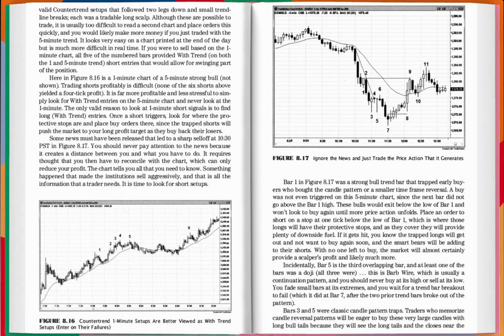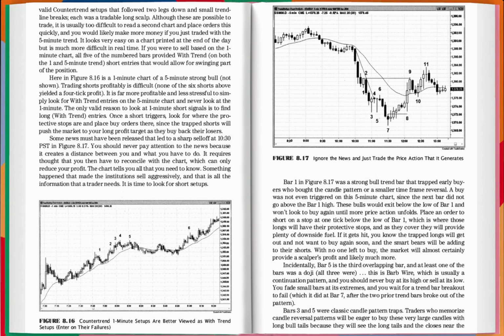Bar 1 in Figure 8.17 was a strong bull trend bar that trapped early buyers who bought the candle pattern or a smaller time frame reversal. A buy was not even triggered on this 5-minute chart, since the next bar did not go above the bar 1 high. These bulls would exit below the low of bar 1 and won't look to buy again until more price action unfolds.